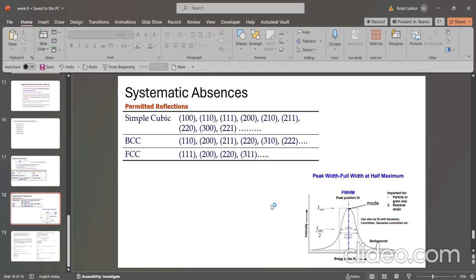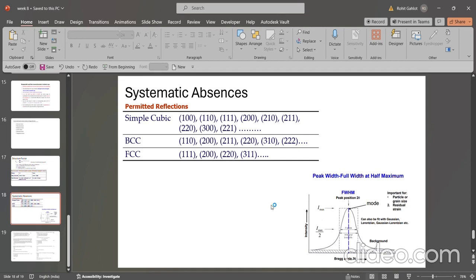The major thing is that those slightly away from the Bragg's angle will still contribute to the intensity. And the Lorentz factor is given by 1 over 4 sine square theta cos theta. Another factor is the absorption factor. It is the number by which the calculated intensity is multiplied to allow for absorption. It is a material property.